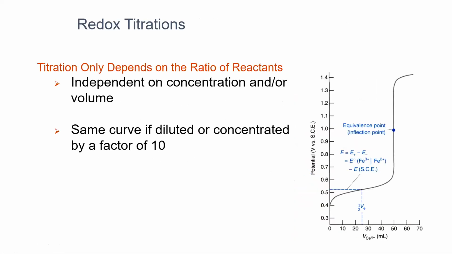So when you simplify that, you get that. So the titration depends on the ratio of the reactants, but is independent of the concentration or volume. So this is independent of the volume, but we are monitoring the potential. Unlike the acid-base titration where we're looking at the volume, we're now monitoring the potential as the electrons get oxidized or reduced.